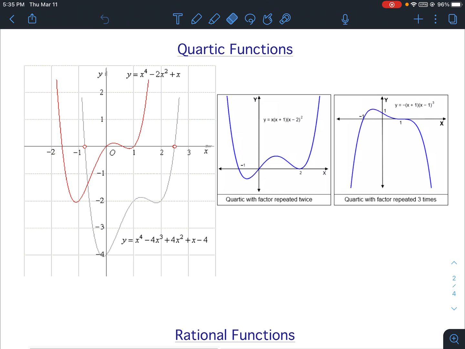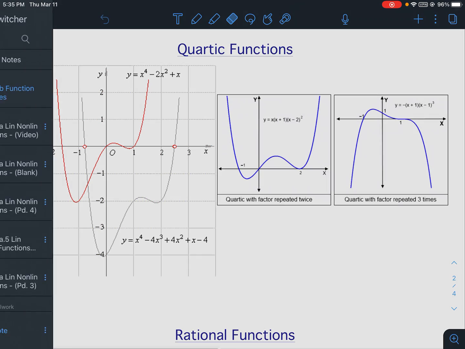Here, this is a quartic function. The highest exponent is a 4, which is an even number. The tails are going in the same direction. So, if your highest exponent is an odd number, your tails will go in opposite directions. If your highest exponent is an even number, the tails will be going the same direction. So these, again, are quartic functions.